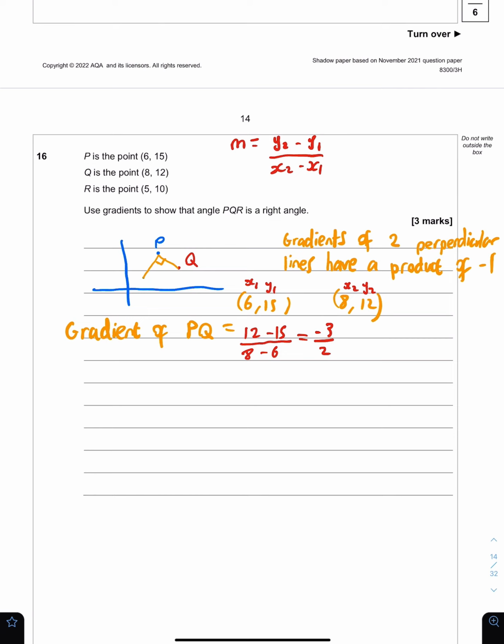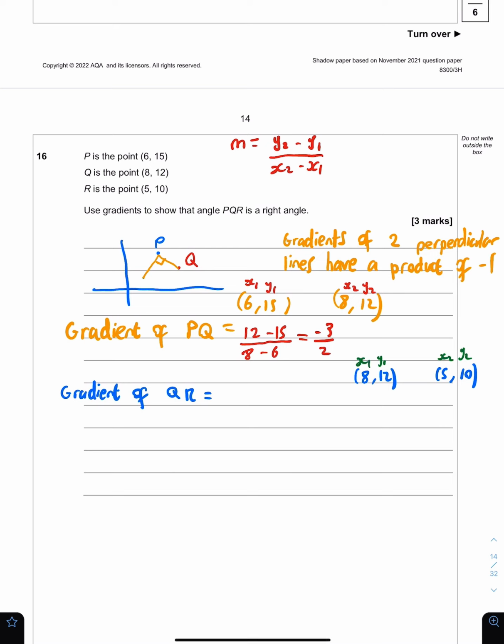Now, let's work out the gradient of QR, bearing in mind that for Q, our point is (8, 12). So let's just write that there. And R is (5, 10). And that is going to be, so this is y2, y1, x2, x1.